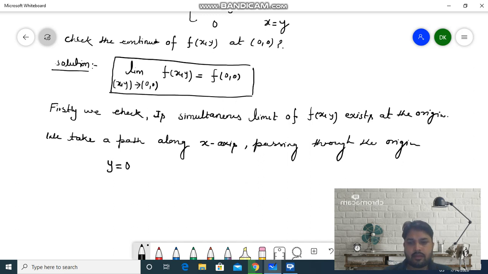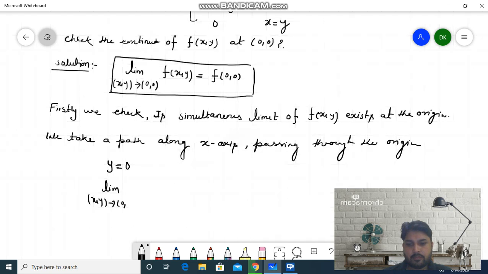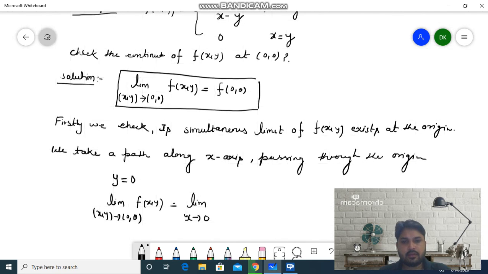Then we will check the limit when y is equal to 0: limit (x, y) tends to (0, 0) of f(x, y) is equal to limit x tends to 0, in place of y we will use 0, then this function becomes x cube upon x, that is limit x tends to 0 of x square, and it gives us value 0.